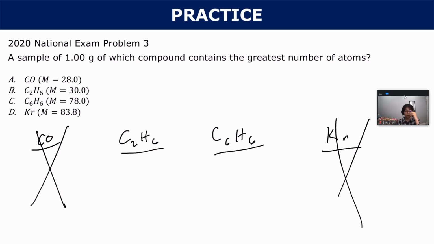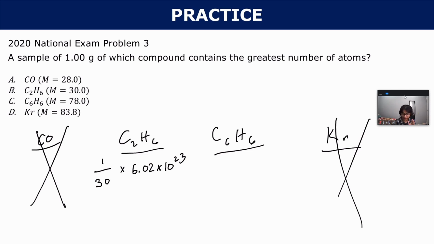So in order to find the number of atoms within the compound, we're going to first need to calculate the number of moles of that compound that we have. And so if we divide 1 gram by its molar mass, which is 30, we're going to get the number of moles. And if we multiply the number of moles by Avogadro's number, we're going to get the number of molecules.